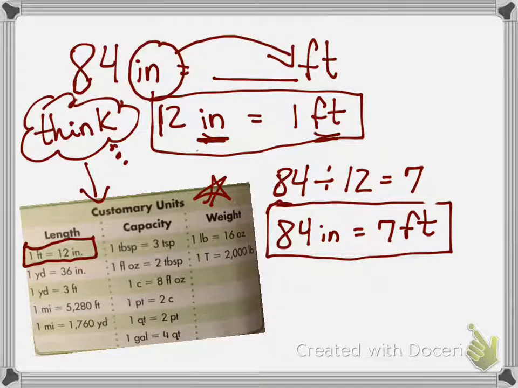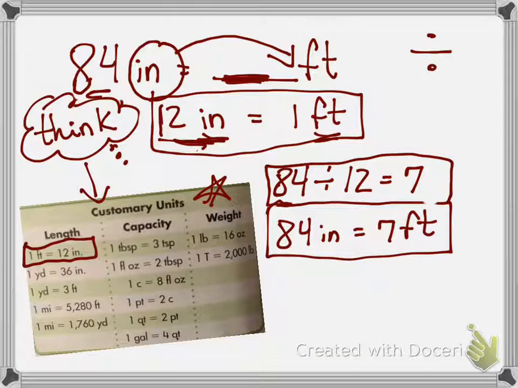That means we have to divide. This number here has got to be smaller than 84. So if we go back to this chart, we see that 12 inches equals 1 foot. So we are going to divide 84 by 12, and we get 7 feet.